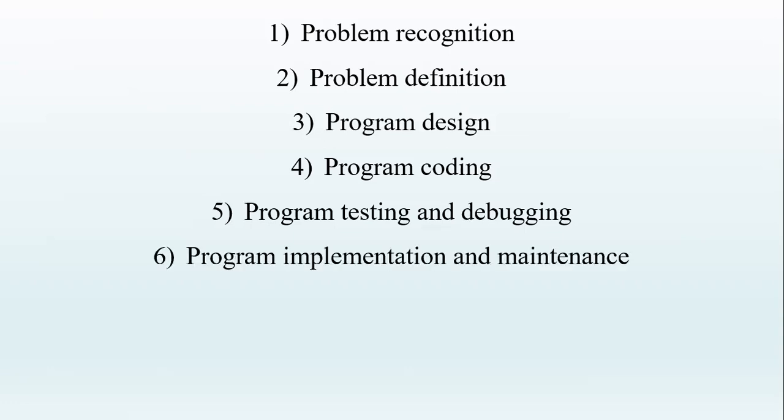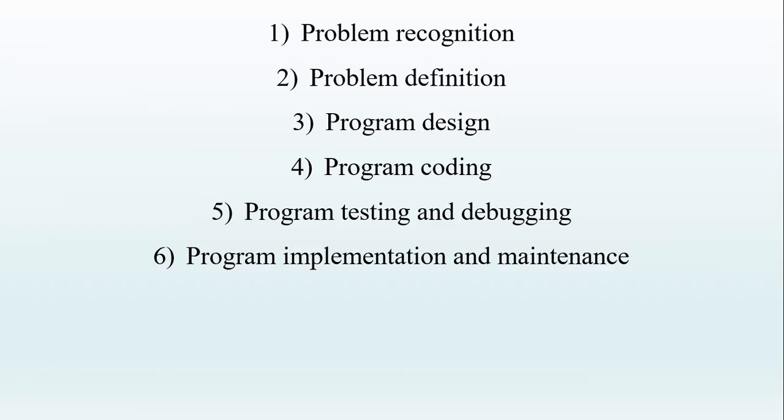Number 6 is program implementation and maintenance. And number 7 is, of course, review, which we usually place under program implementation and maintenance.